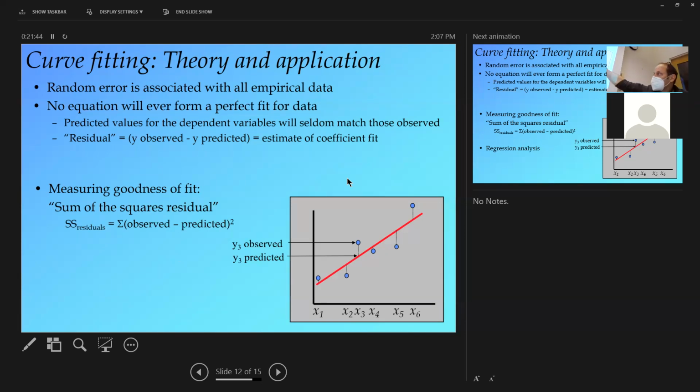If you take every single residual for every point in here, and you square those and add them all up, the number you get is basically how poorly your line fit. If all of your data fell exactly on your predicted line, if it was a perfect relationship, the sum of the squares of your residuals would be 0. You would have no residuals, and so when you added them all up, they would be 0.